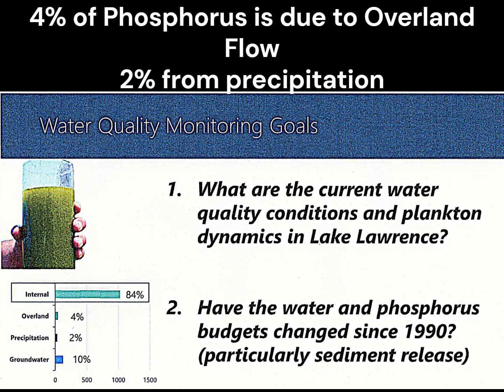Okay, well, one comment I would have about that is I'm not sure that 85% is a meaningful number, because a lot of that is just bound up in the sediment. Correct. If it's bound up in the sediment, it's not contributing to the problem. Right.